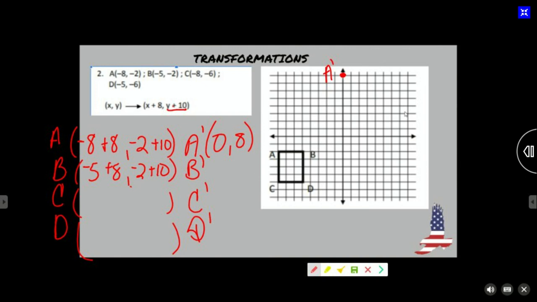It's negative 5 plus 8. Well, what do you think? What does that say to do right there? You need a calculator, go get one.